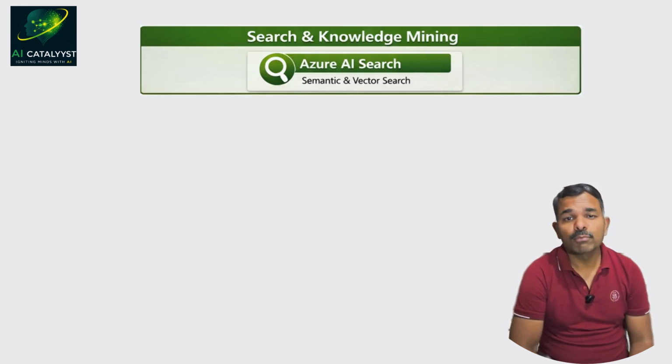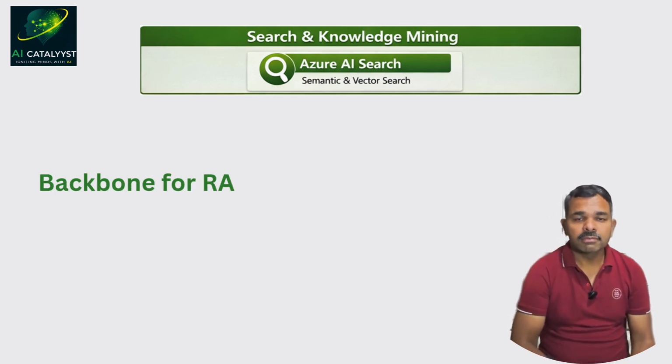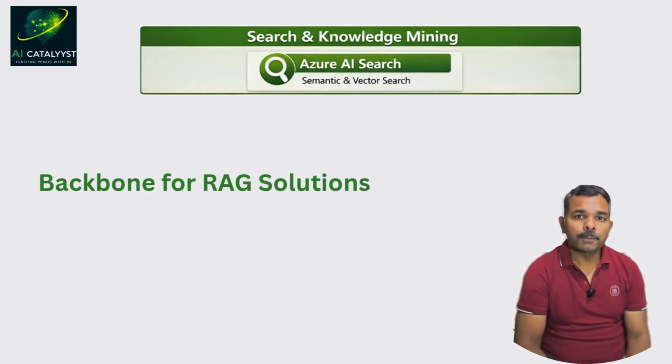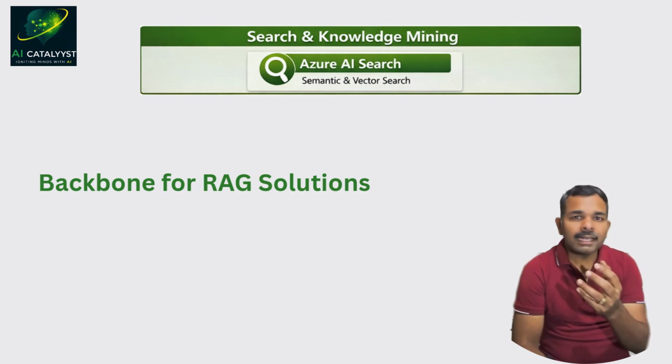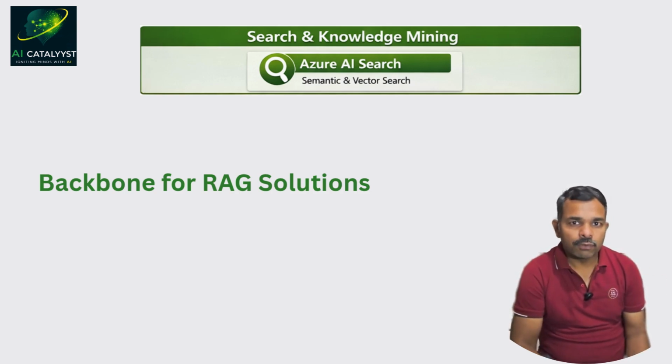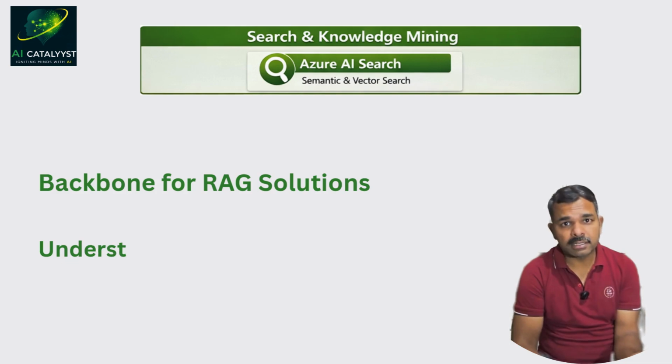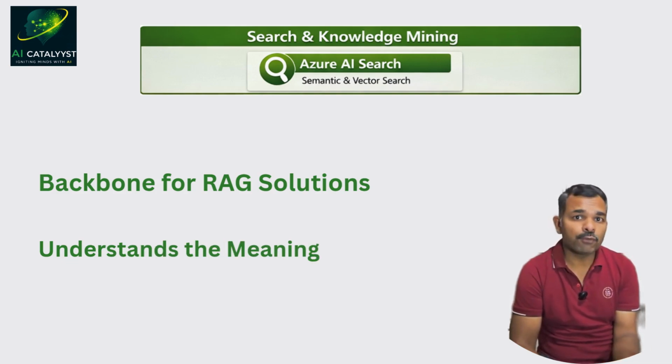The next layer is Azure AI Search, the most underestimated service. So if you are building a RAG solution, Azure AI Search will be the backbone for it. Unlike other traditional keyword search services, Azure AI Search understands the meaning and context using semantic and vector search.